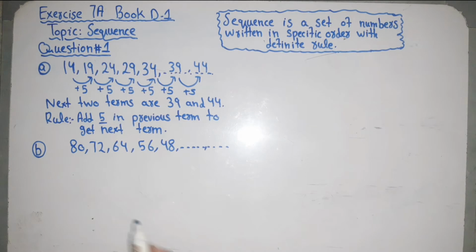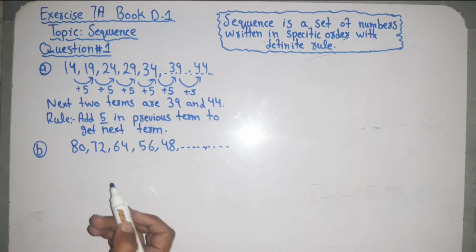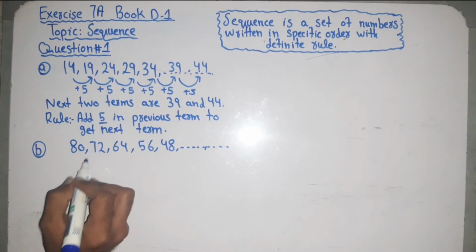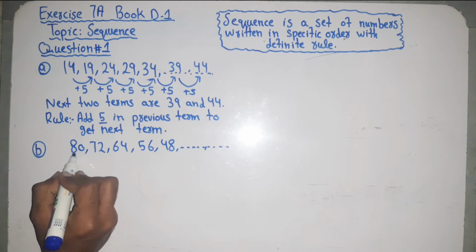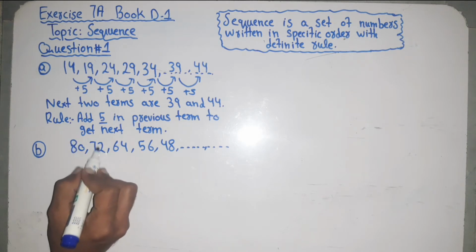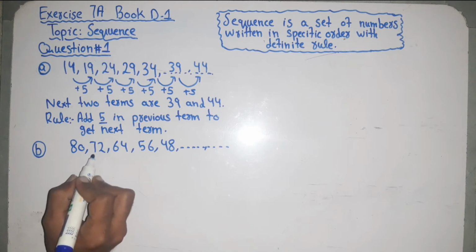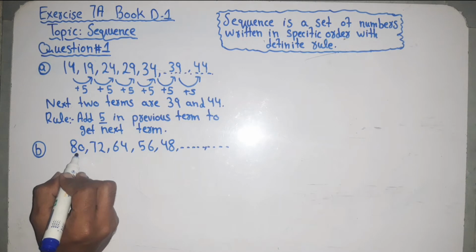Okay, so we have to write the next two terms. First of all, as I told you earlier, we have to check the sequence. If this sequence is decreasing, it means the first term is greater and the second term is smaller. This sequence is decreasing. So if it is decreasing, it means that we have to subtract or divide.